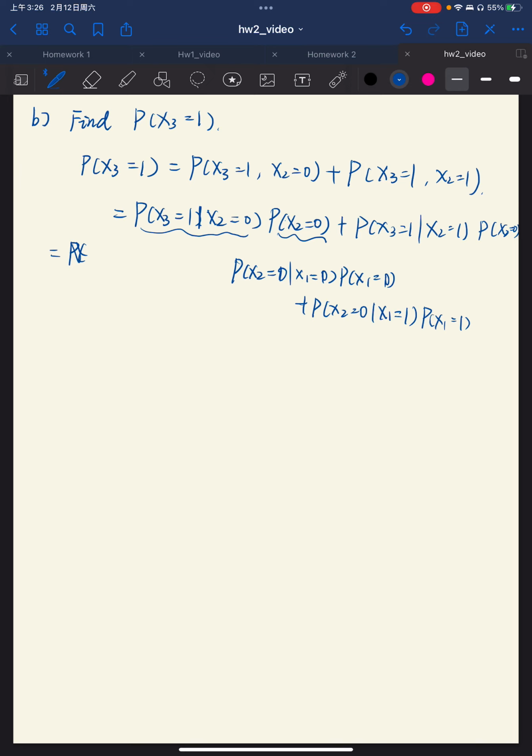And now we can also find them in a general form.